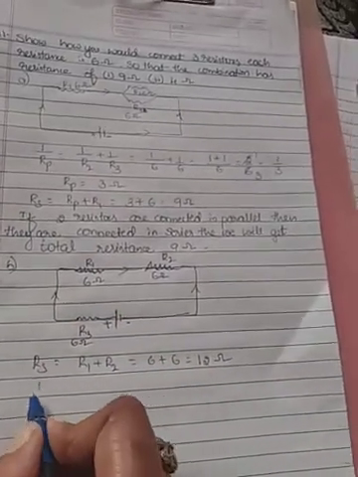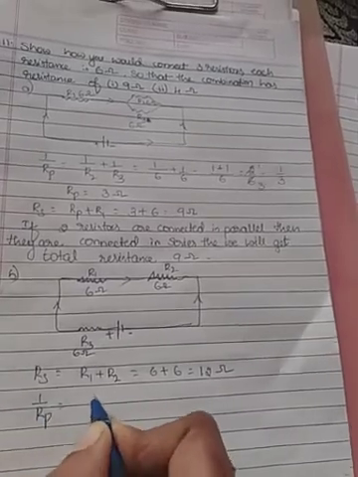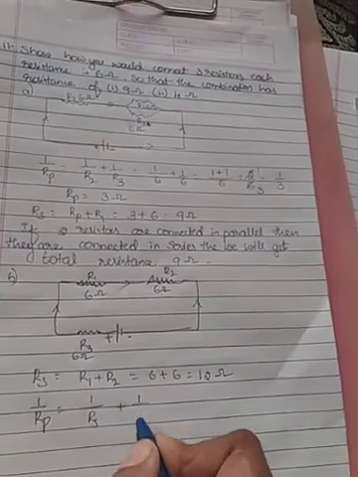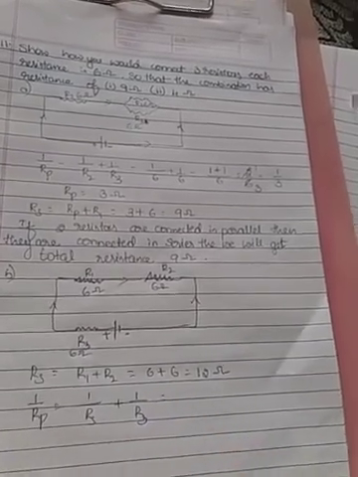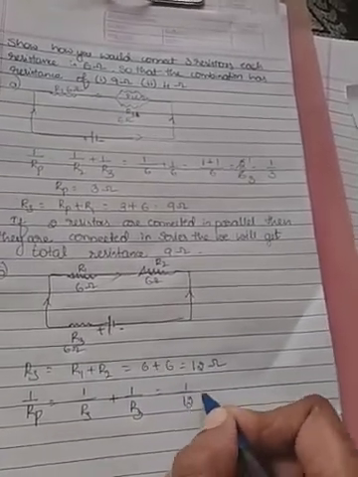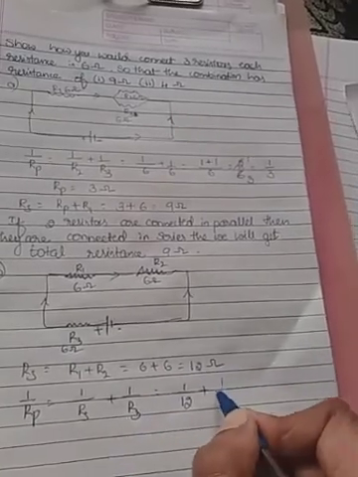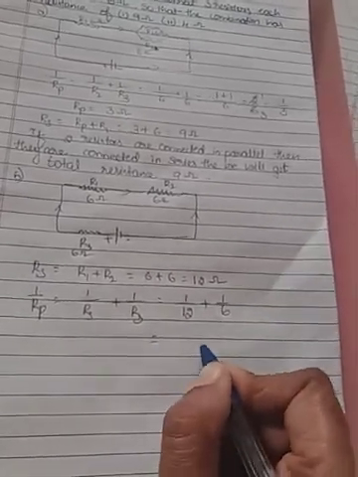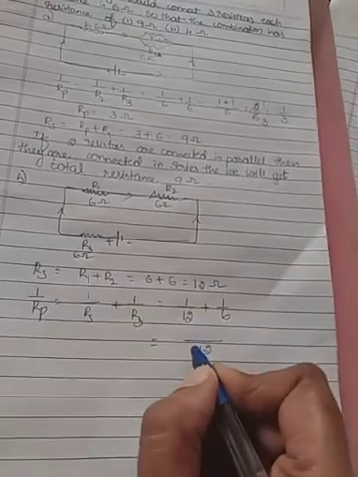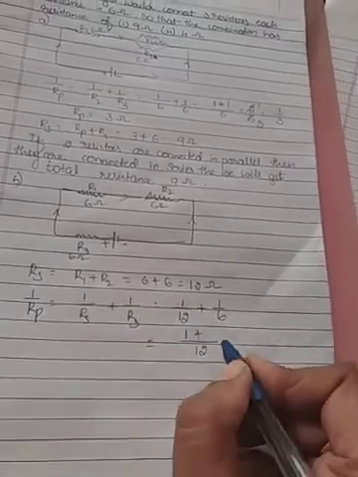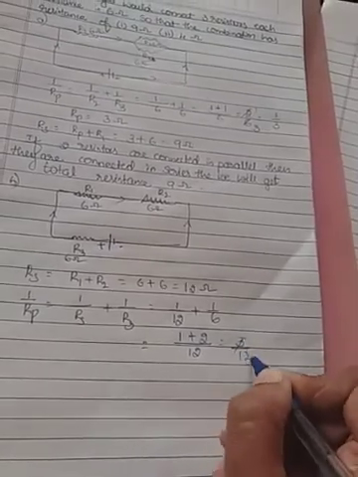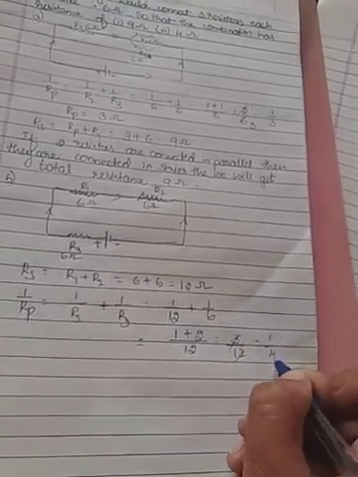Let's calculate Rp. 1 by Rp equals 1 by Rs plus 1 by R3, that equals 1 by 12 plus 1 by 6. The LCM for 12 and 6 is 12 only. 12 ones are 1, plus 6 twos are 12, 2 ones are 2. So 2 plus 1 is 3 divided by 12, 3 fours are 12, so 1 divided by 4.